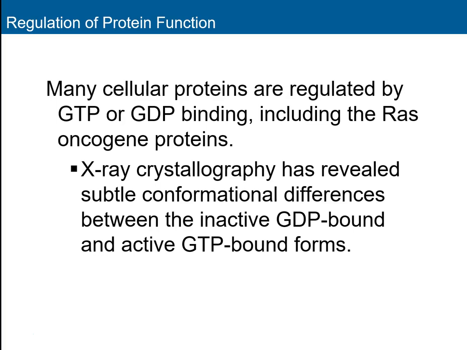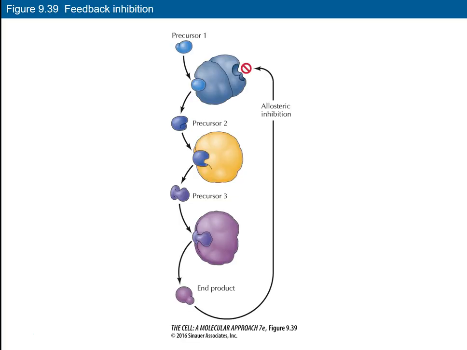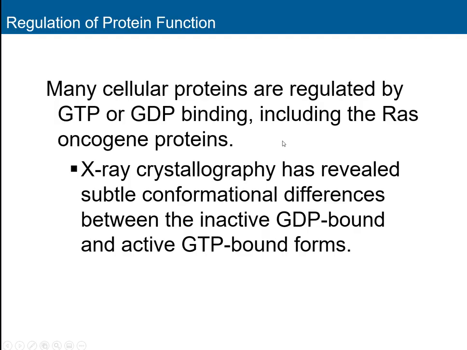Also, it doesn't always have to be an enzyme, right? And that small molecule doesn't always have to be an end product of a metabolic pathway. We've mentioned this already. Many proteins, we saw this example with the translation initiation factors, are regulated by the binding of GTP or GDP, small molecules binding to them. There is a particular class of proteins called the RAS oncogene proteins that are regulated that way.